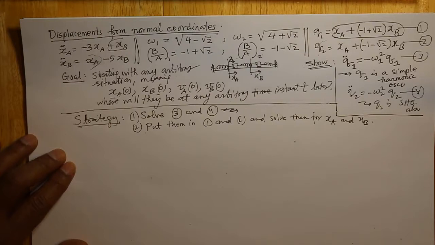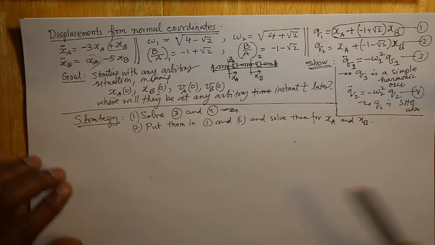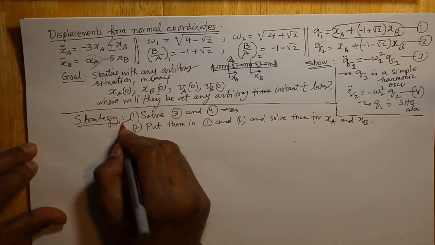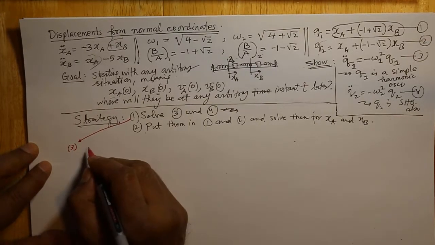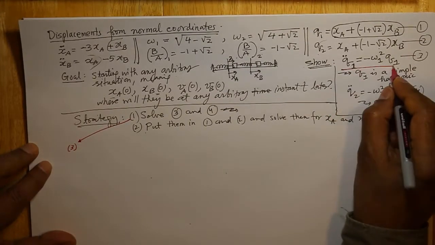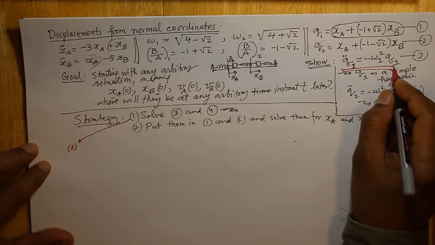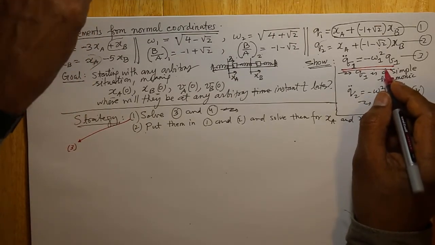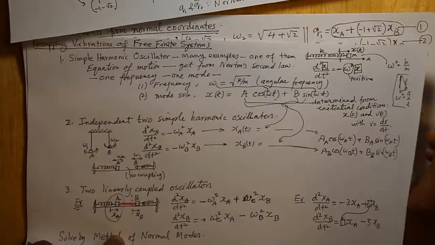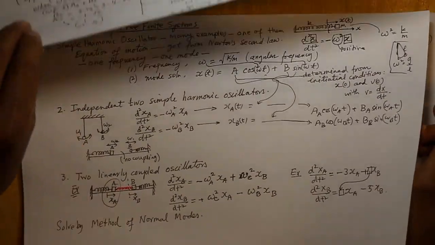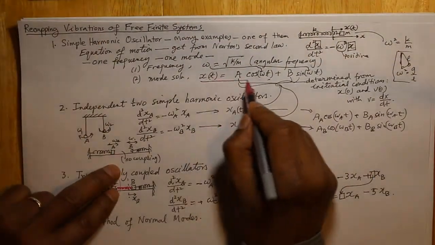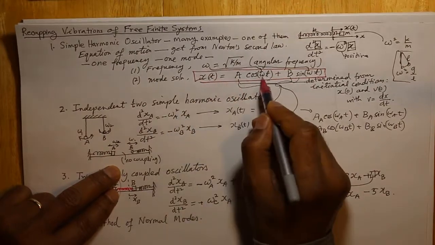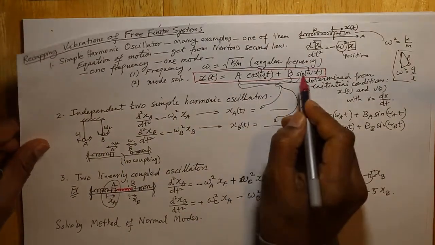3 and 4 will be very easy to write down because I already know the answer to 3. What do you think the solution of this looks like? Well, that one is just the same as any simple harmonic oscillator. It's going to look like that, except omega will be omega 1.